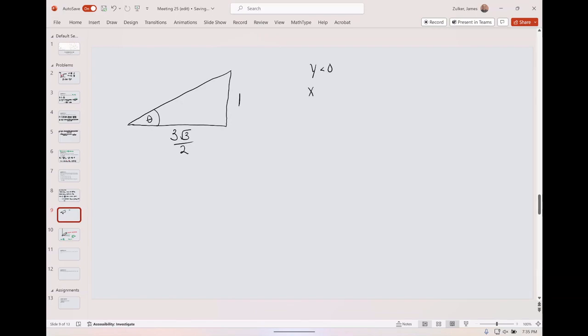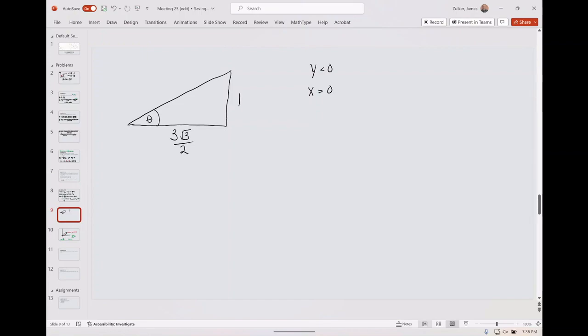Y was less than 0, x was greater than 0. What's that going to make this missing length? Square root of 1 plus 27 over 4.